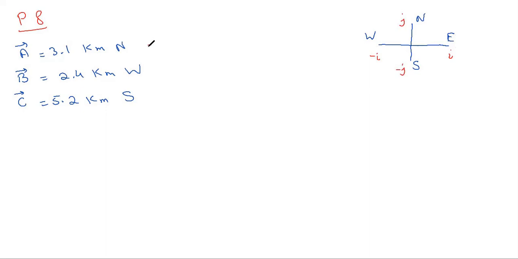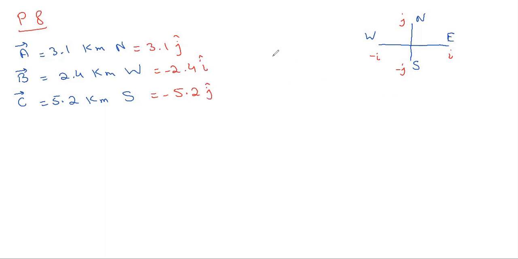So I can write this as 3.1 kilometer in the direction of j hat, 2.4 kilometer minus i hat, and 5.2 kilometer minus j hat.